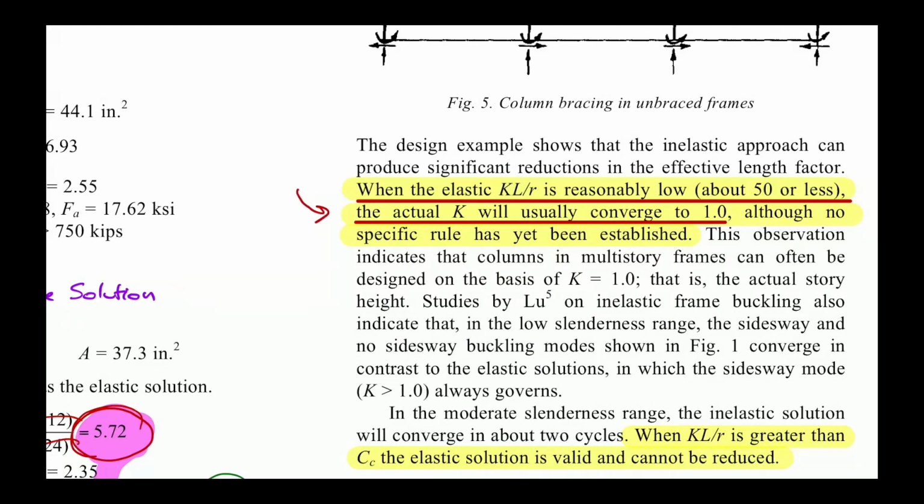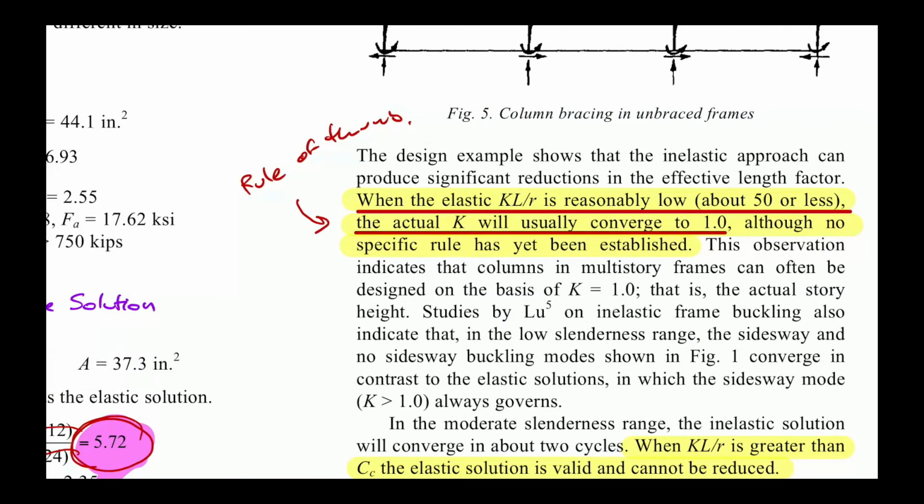So this is just a rule of thumb number. If you check, you end up with this criteria, then you can run the quick design or quick estimation of the column capacity using K equal to 1.0, although no specific rule has yet been established.